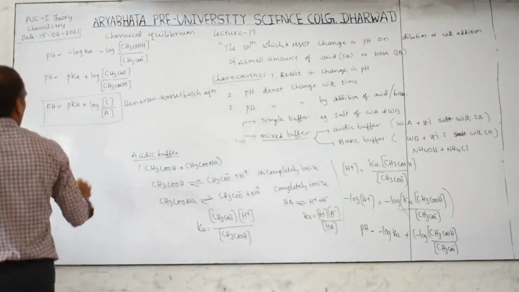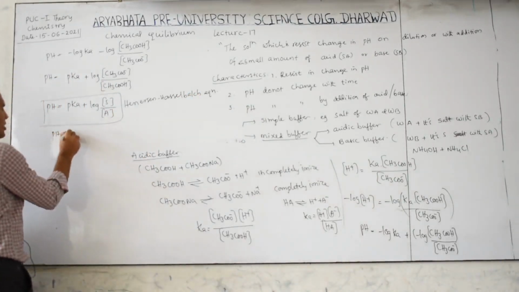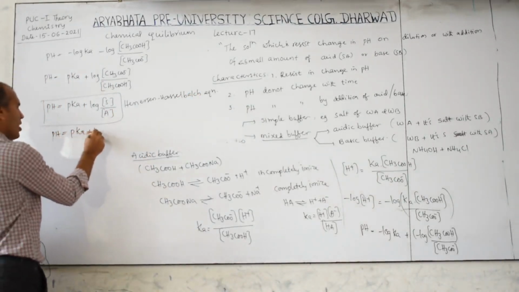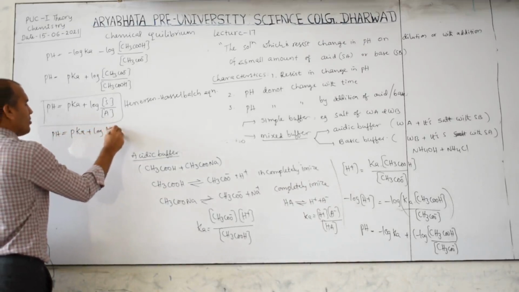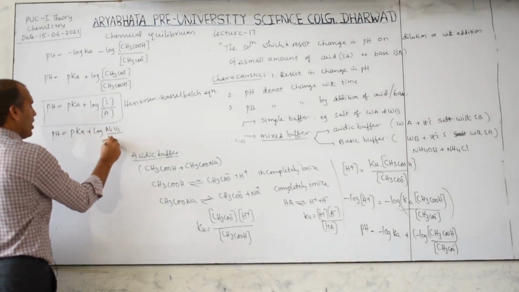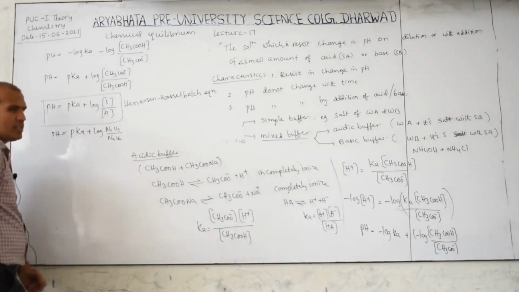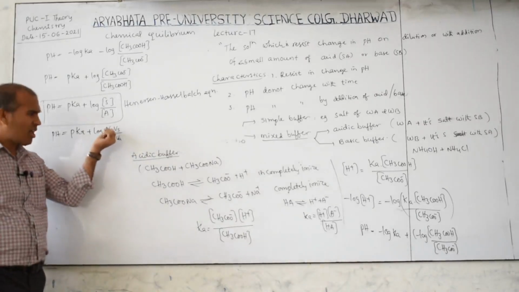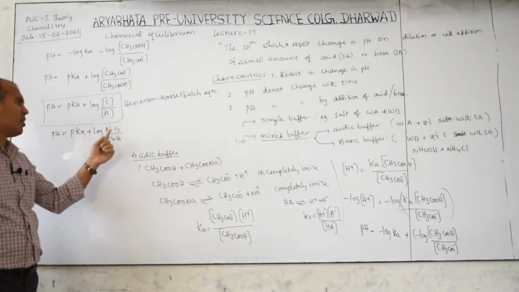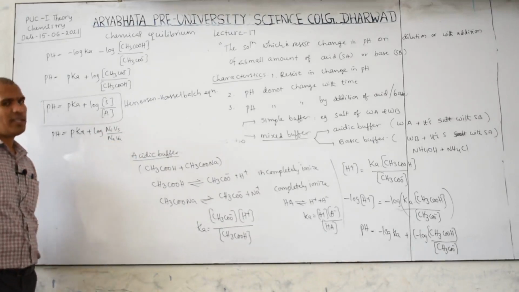Okay, and pH is equal to, this can be represented pKa plus log NsVs by NaVa. This is normality and volume of salt, normality and volume of acid.